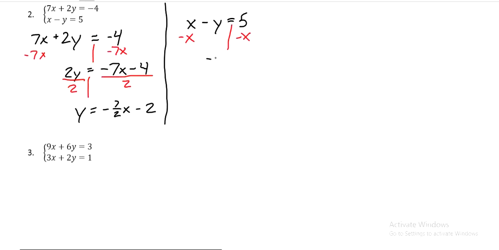So we'll have negative y, but really there's an invisible 1 there. We'll make that visible. I think it'll make the next step easier. And we'll have plus 5. Negative 1 will move just like how we move anything else.